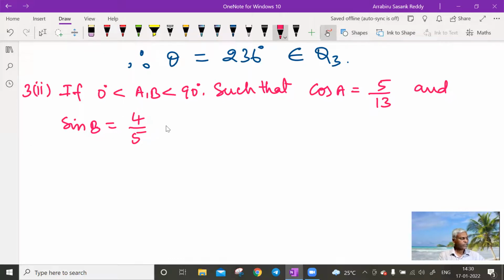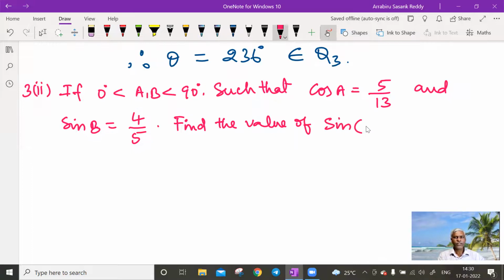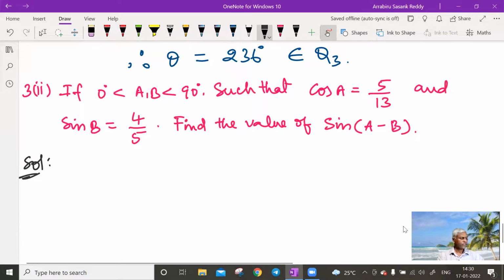Find the value of sin(A minus B). We have to find sin(A minus B).